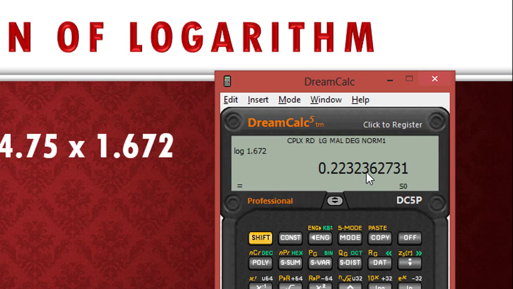If you need to approximate to 4 digits, this is where we have the 4 digits after the decimal. If you approximate 6, this 3 becomes 4. And then if you approximate 4, it will give 0. 0 plus 2 is still 2 that will be there. So our final answer for this logarithm will be 0.2232.